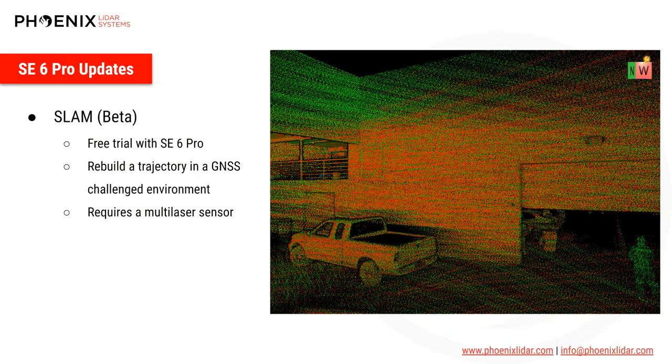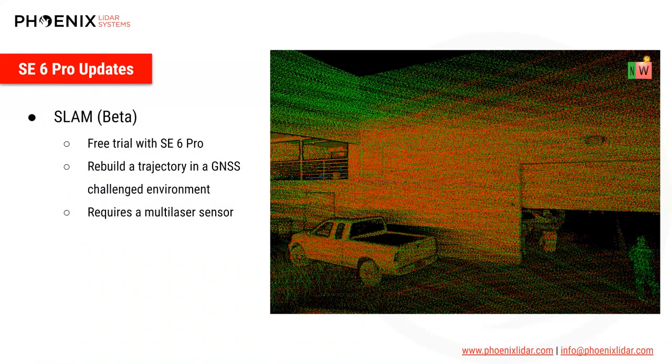And finally, in SE6, we are introducing a SLAM add-on. It's currently in the beta stage, so a free trial is given with SE6 Pro at the moment. The SLAM add-on does require data from multi-laser scanners, so it will work with our Scout series.